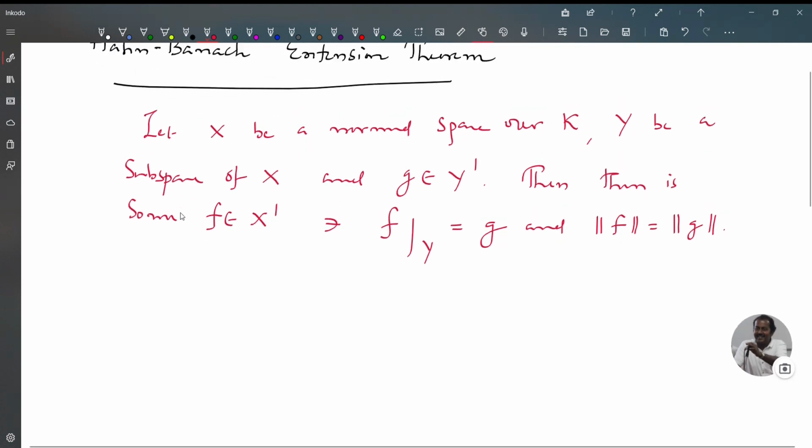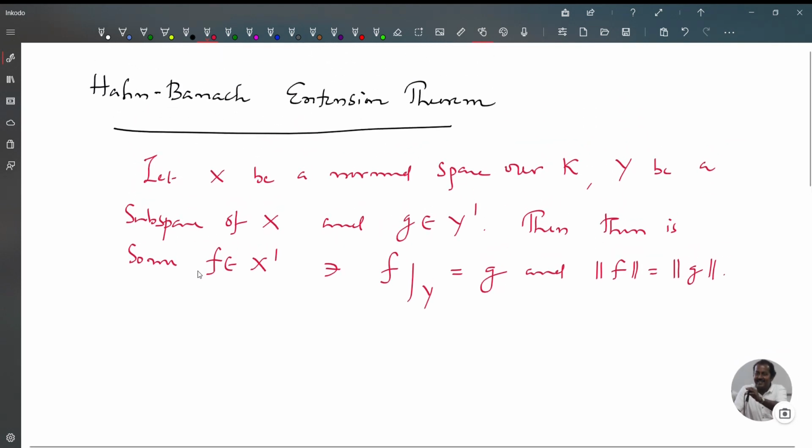So this is the famous Hahn-Banach extension theorem. For a subspace Y of a normed space X and g in Y dual, this theorem guarantees that there exists at least one Hahn-Banach extension of g to X.